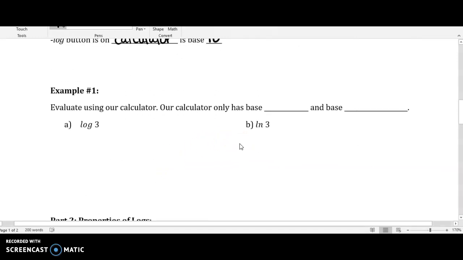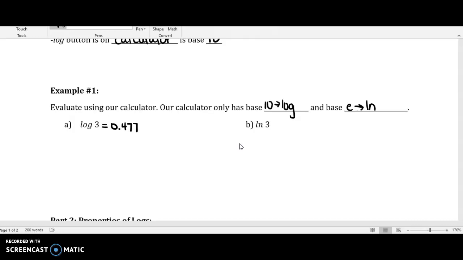So if we go to example 1 and we're going to evaluate these using our calculator, your calculator only has a base of 10, which is our log button, or it has a base of e, which is our ln button, or natural log button. So just simply put these in your calculator to evaluate them. You hit log 3, and that should give you 0.477.